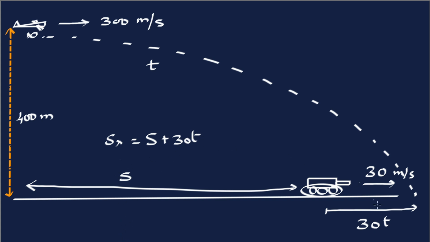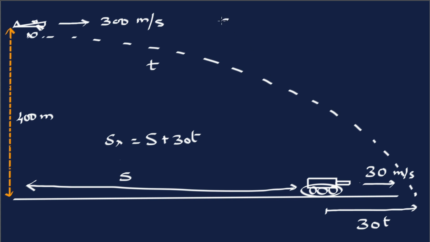You see, the equations come out from the drawing. So always make a drawing. Again, when the bomb is released, the target is at a distance of S. During the time of travel, the target moves a further distance 30t. So the bomb should travel a distance of 30t plus S in the horizontal direction.